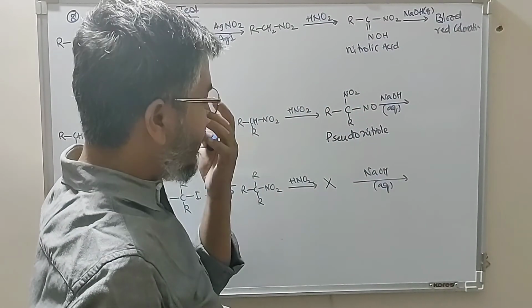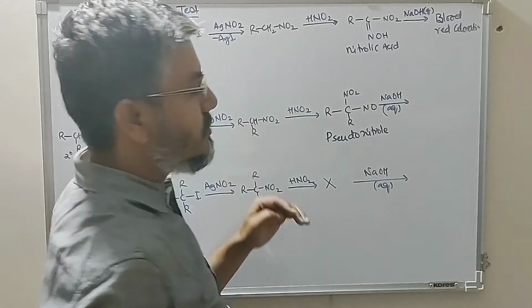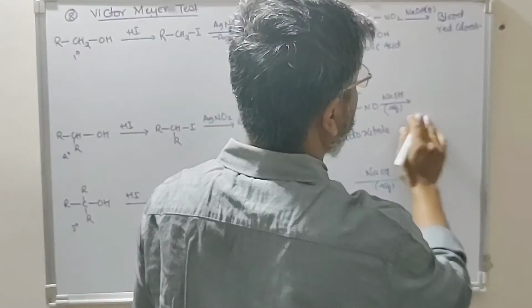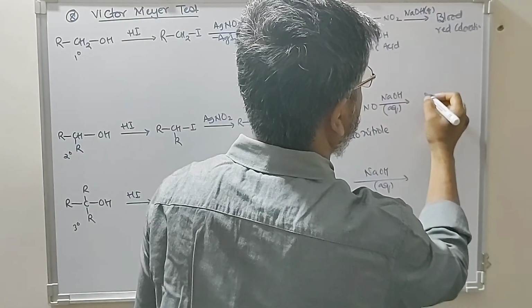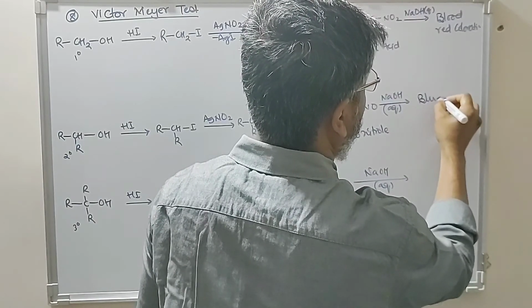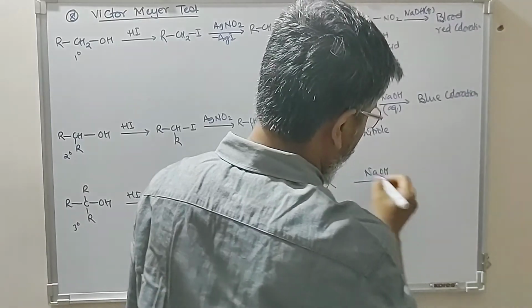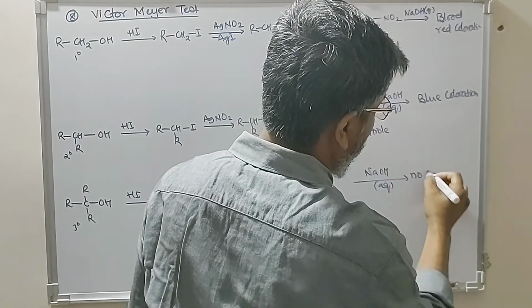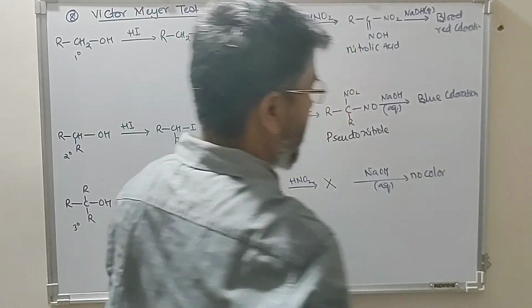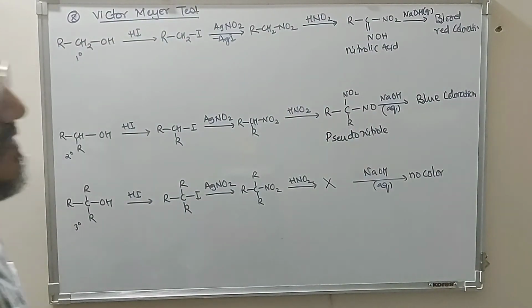When this pseudo-nitrol is made to react with aqueous sodium hydroxide, this gives you blue coloration, and with this, no color, or we say colorless.